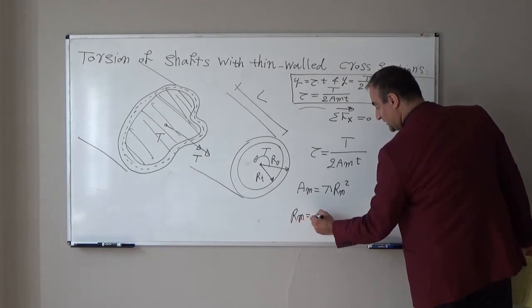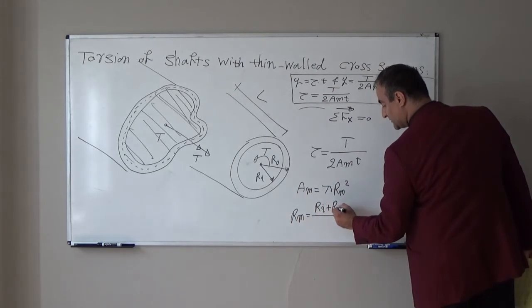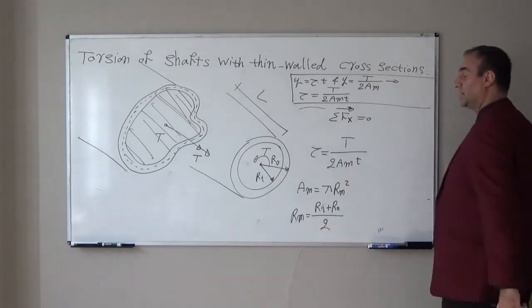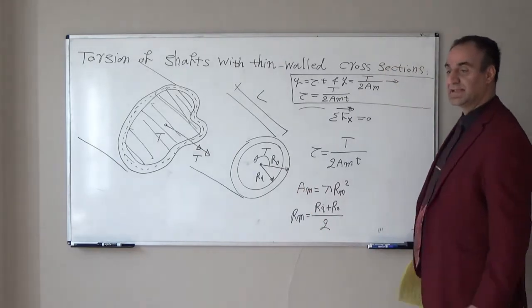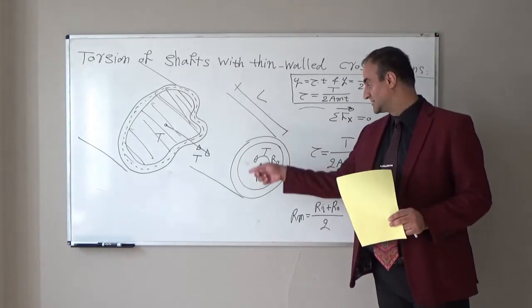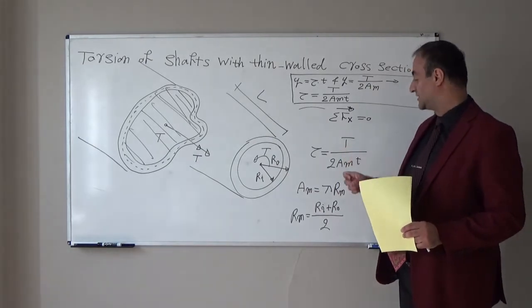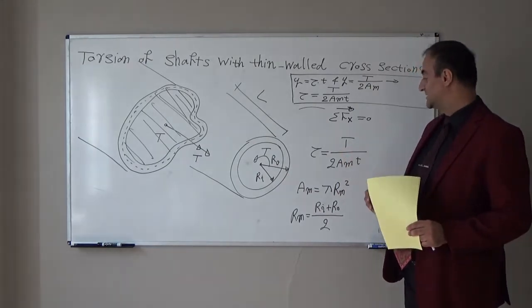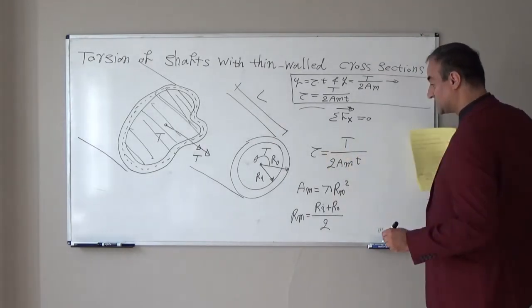Rm will be the inner radius plus the outer radius divided by 2, the average. So AM will represent the area enclosed by the mid-surface here. Lowercase t is the thickness and uppercase T is torque. We can find the shear stress here.